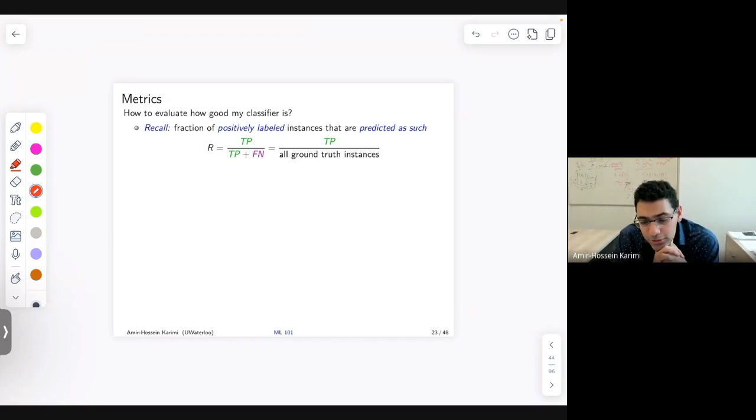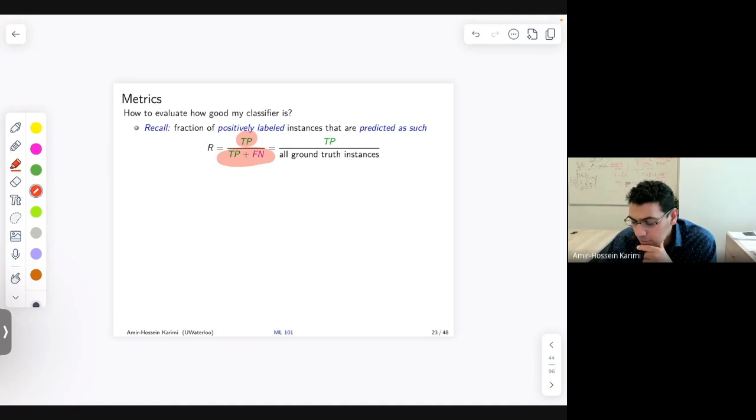And the recall intuitively is the fraction of positively labeled instances that are predicted as positive. So the fraction of positively labeled instances, that means all of the instances in the denominator are positively labeled, and some fraction of them we're actually predicting as positive.